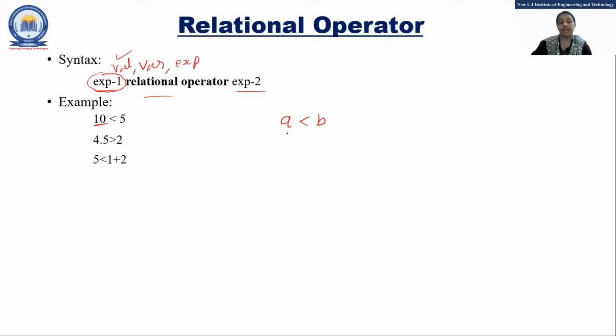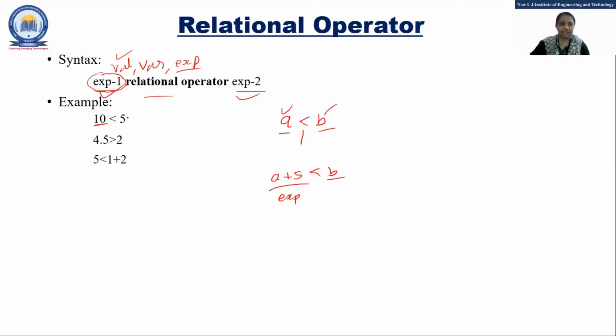So a less than b has a variable, an operator, and again a variable. An expression is also possible, for example a plus 5 is less than b. So there are many ways you can define expression 1 and expression 2.